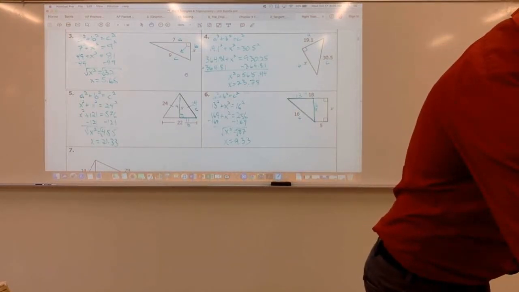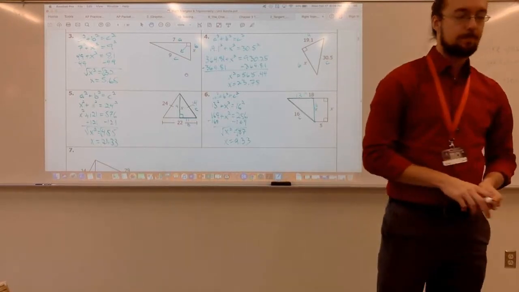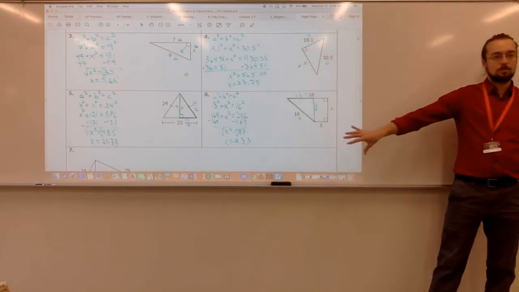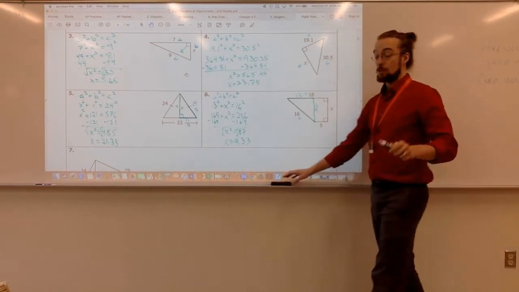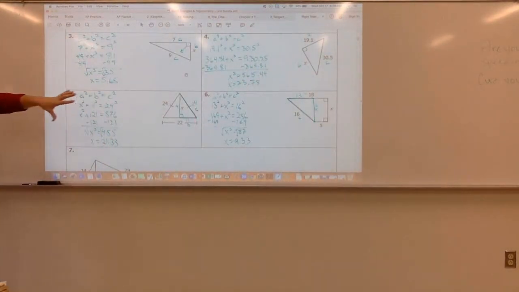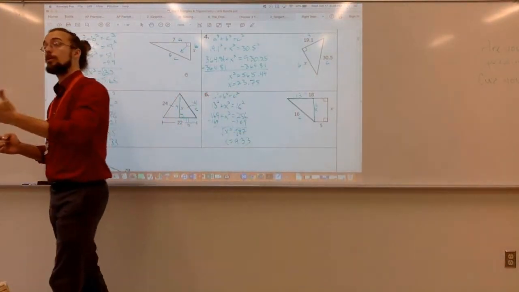So, if we look at this number, this is exact. Did we get 9.33? Mrs. Marshall made a good point. Something like this on the AIR test could be this exact same diagram, but it would say find the perimeter.